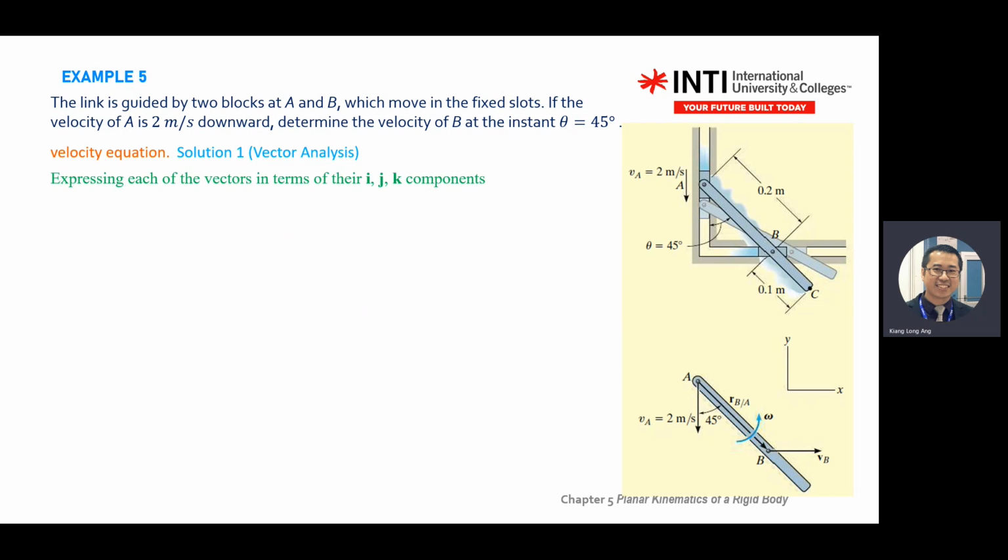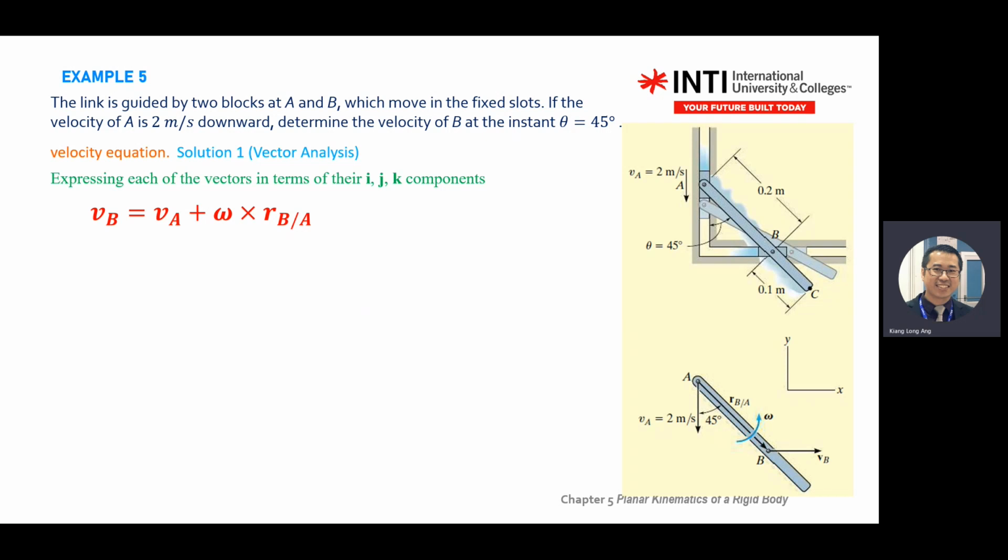So vector analysis means we convert what we see here into ijk. Do you see 4 vectors here? 1, 2, 3, 4. So we'll use VB equal to VA plus VB stroke A. We convert VB stroke A equal omega cross R. So what is VB?